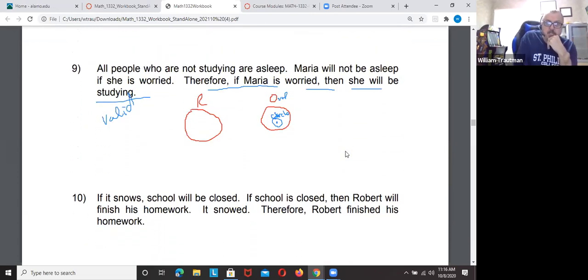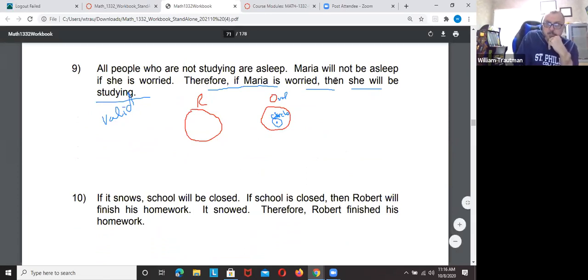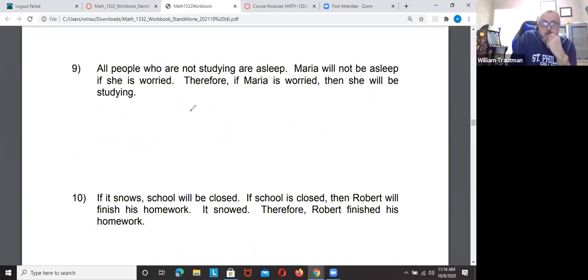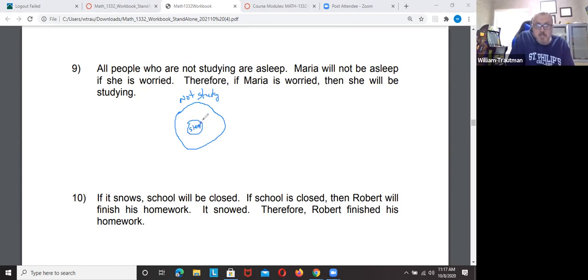Let's look at number 9. All people who are not studying are asleep. So these are the people who are not studying. All people who are not studying are sleeping.